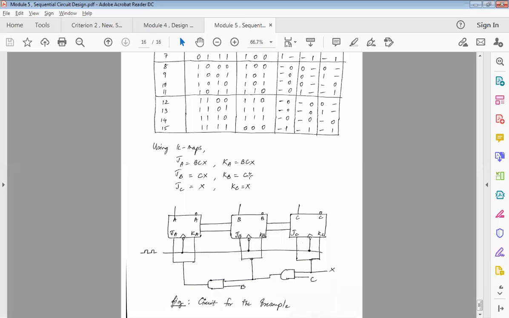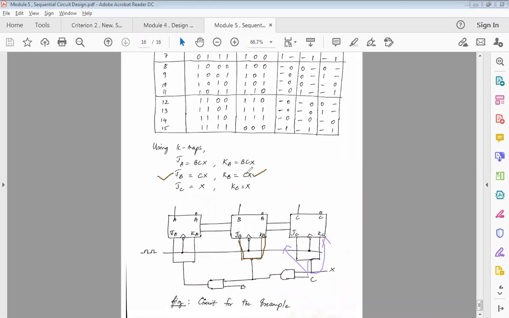And here for KC, I have only X. So X I'm giving here. This gets divided and I will get the same X to my JC and the same X to KC. In my next multiplication, I have CX. If I work out for CX, it will work out for KB and JB. That's why I have shorted both of them.